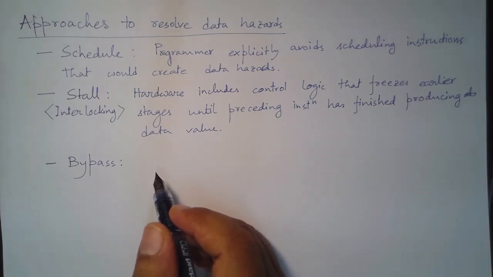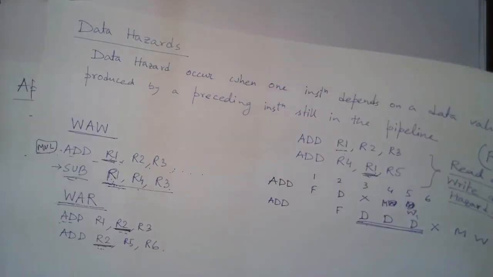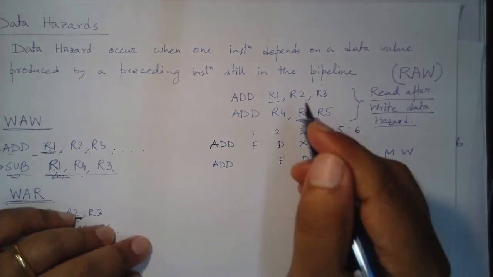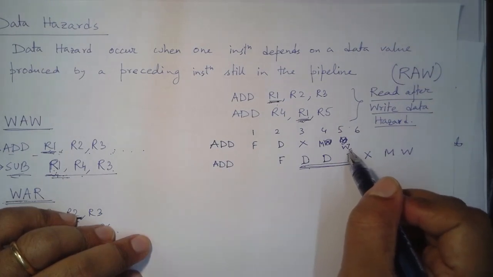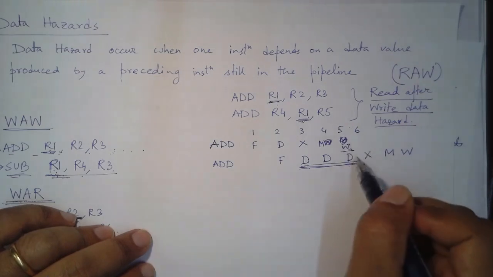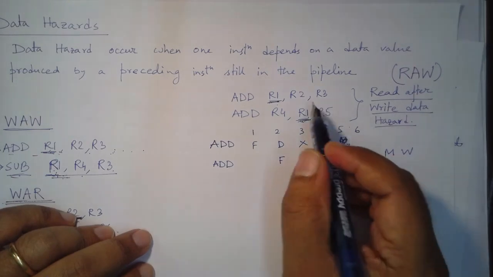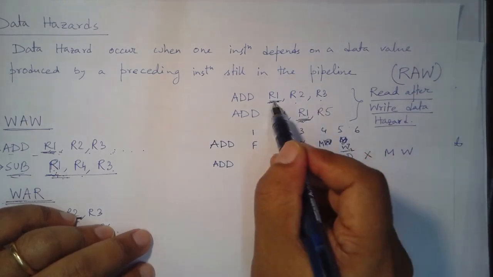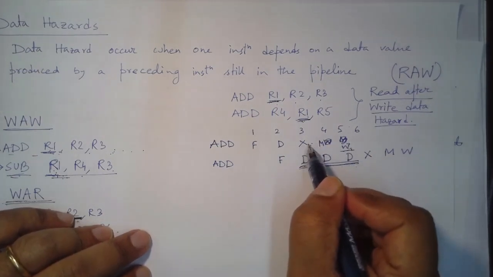So in the example we have seen earlier related to data hazard, this R1 is only finally getting updated in the general purpose register file in the write back stage. So you have to wait till this point, whereas if you look carefully, the result of R2 plus R3, which is supposed to be stored in R1, is available immediately after this execution stage, right.